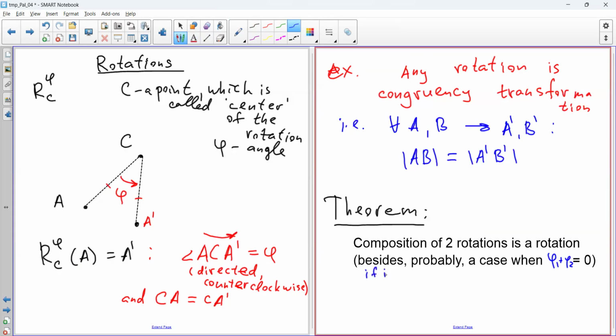If phi1 plus phi2 equals 0, then it may also be an identity transformation.